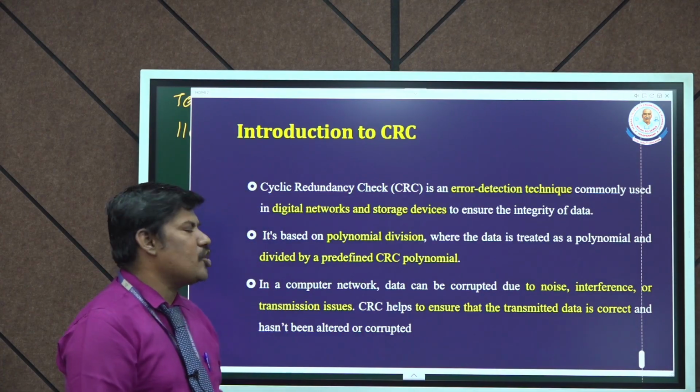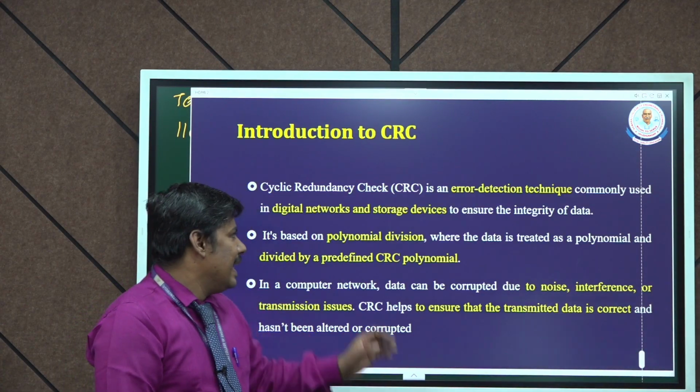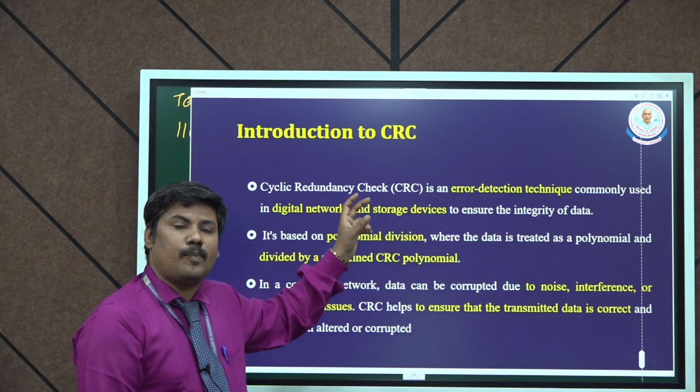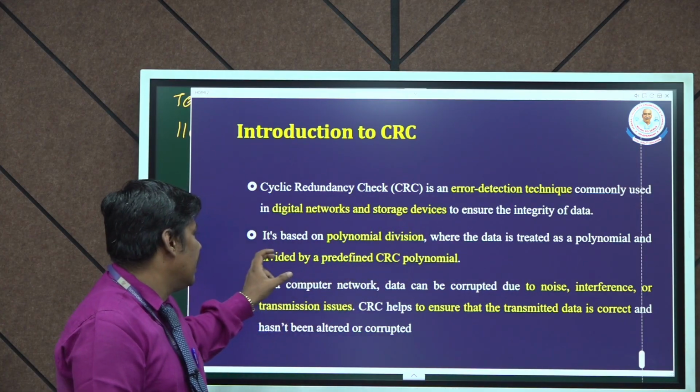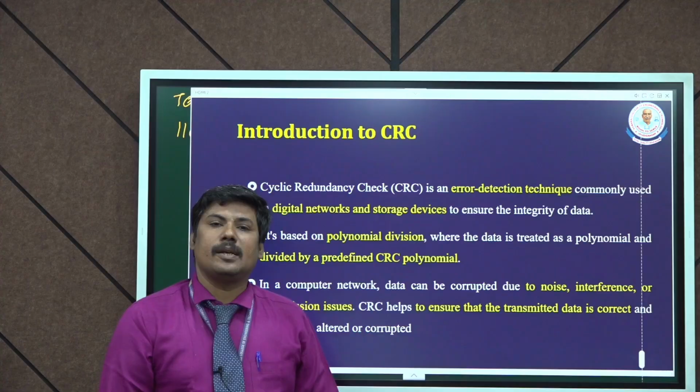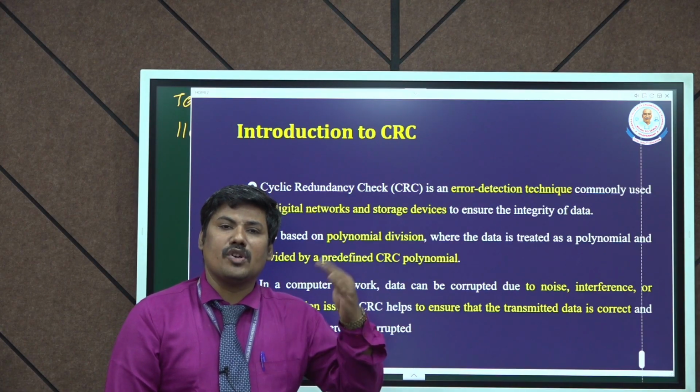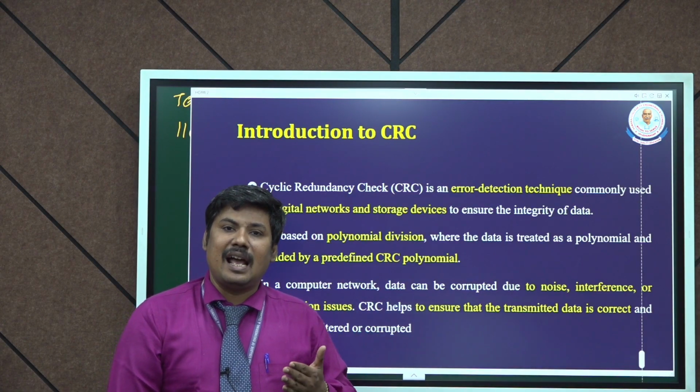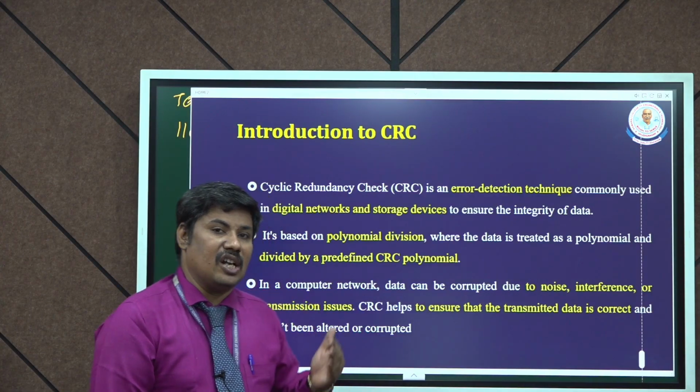It is based on polynomial division, where the data is treated as a polynomial and divided by a predefined CRC polynomial. Here the original message is treated as the dividend and the divisor is the generator of x.